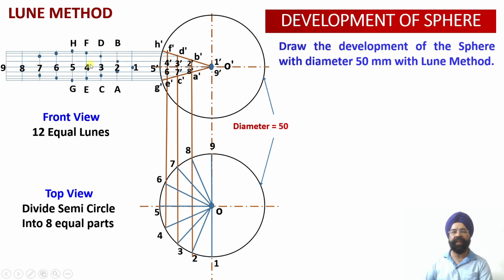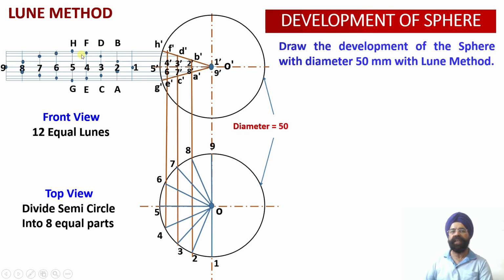Corresponding to point 7, distance will be DC. I have not repeated it because we already know what the distances will be. Then corresponding to point 8, it will be AB, that is one projection line above the center, one projection line below the center, and finally point 9, it is lying on the center point.